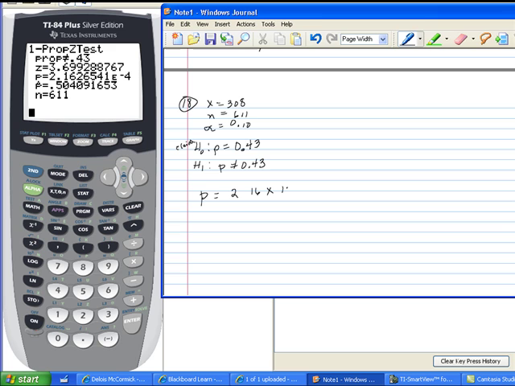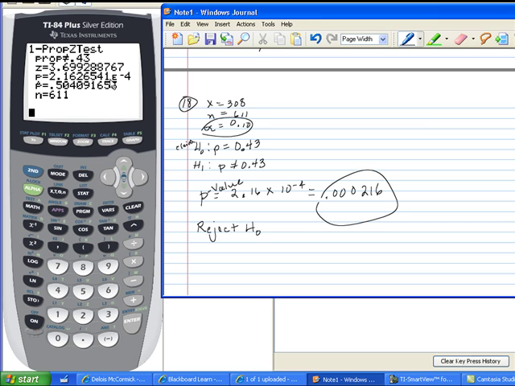So that's very small. Certainly it's less than alpha. If P is low, the null must go. So we're going to reject the null hypothesis. So basically when you're using the calculator alone, you're just looking at this. Now the problem is on the exam I am going to ask you to do it with the critical value method, but certainly you could use the calculator to check your work.